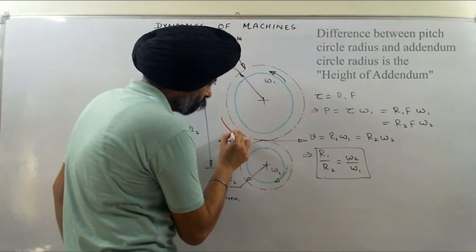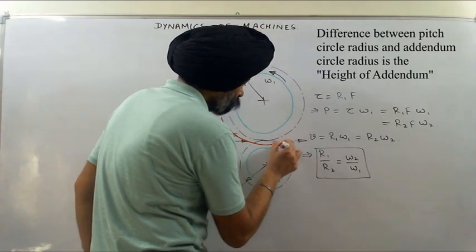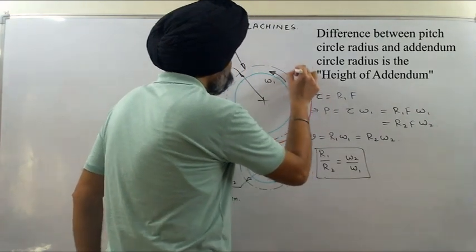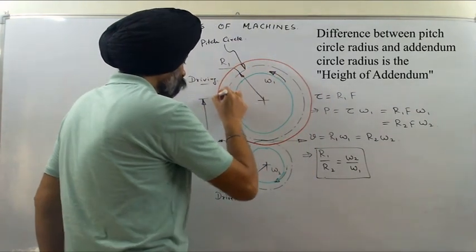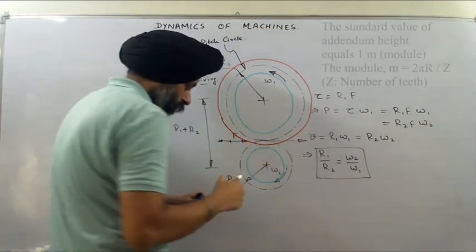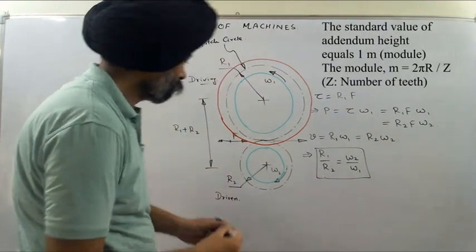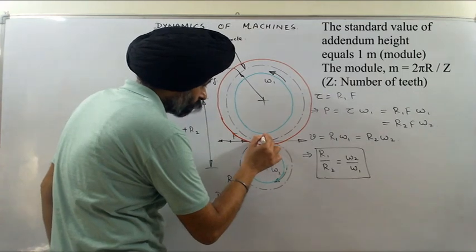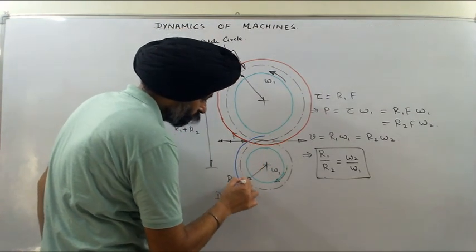I label them if you are not able to hear. So this is the addendum circle for the first gear. I'll use a different color to avoid any sort of confusion.